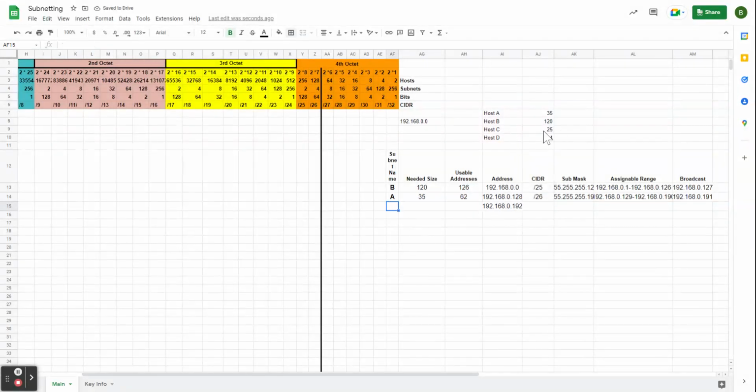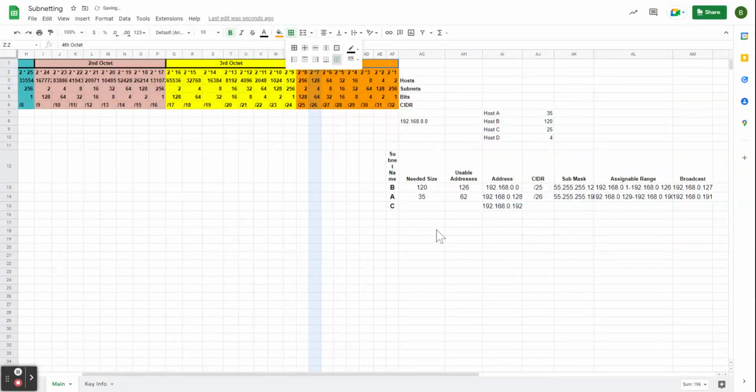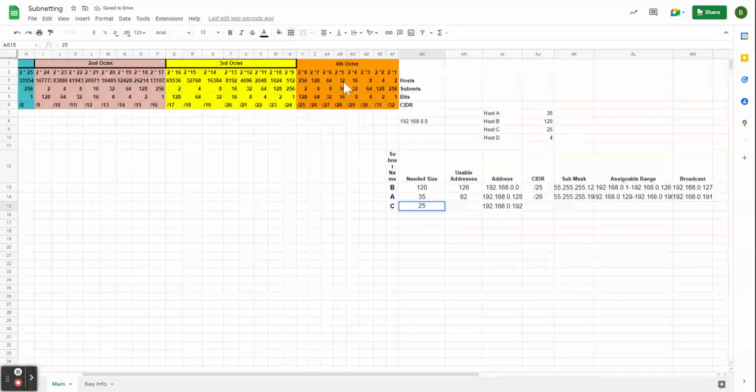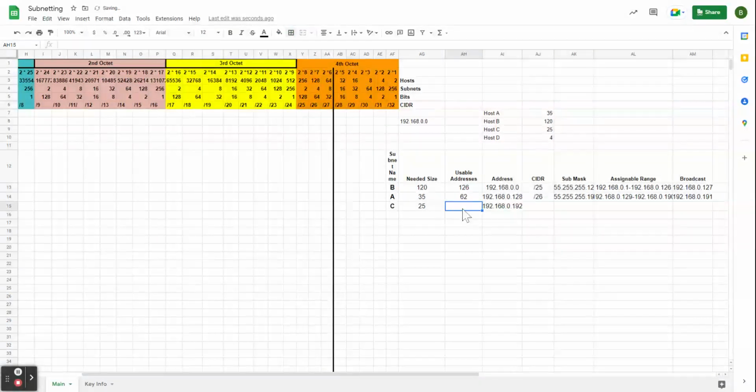So the next number is going to be this host C because it's the next one down. Okay, and I need 25. So in this scenario, I'm going to use 32 hosts. So I'm going to draw my line there. So usable addresses is 30. CIDR notation is 27. So I'm masking within these numbers and they already default. So it's .224 at the end.